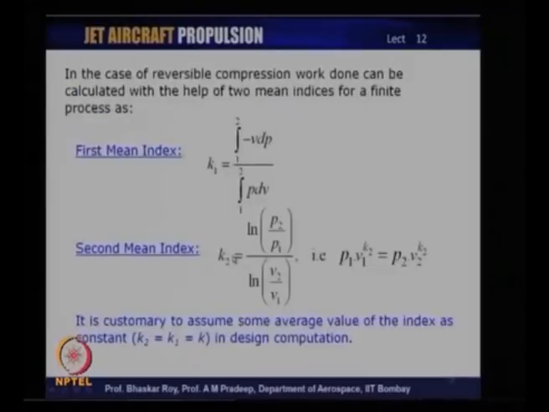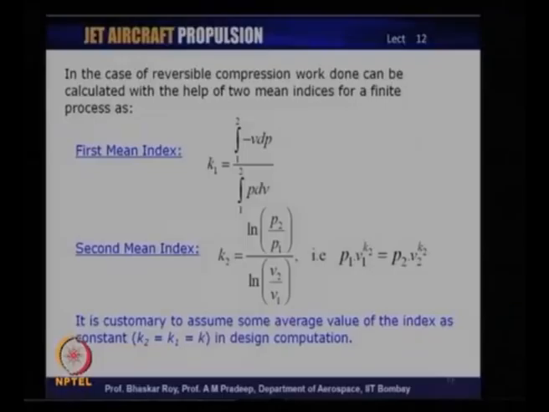Now, this compression work can be shown in terms of two mean indices, especially if they are finite processes, as it is normally in a stage. If we consider a stage which is a small change in pressure, we may consider it a finite process, and then the indices that we have talked about, k, can be shown in two different ways.